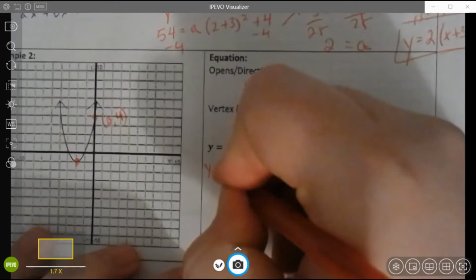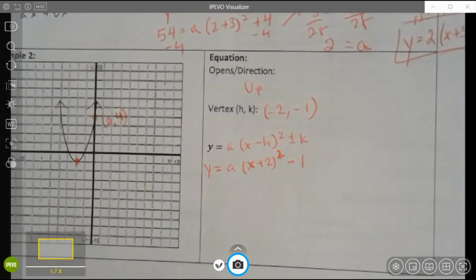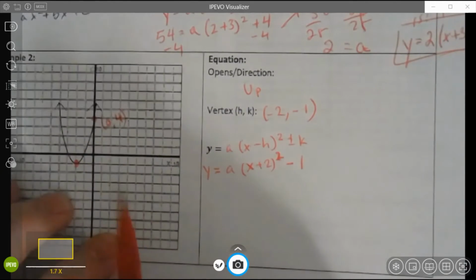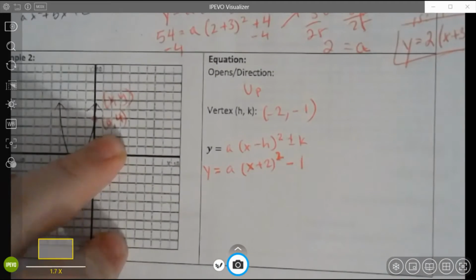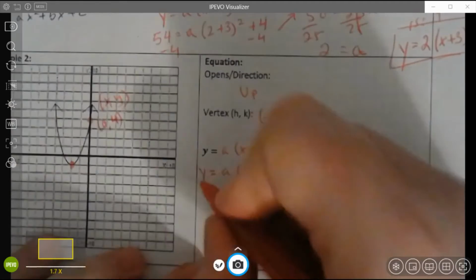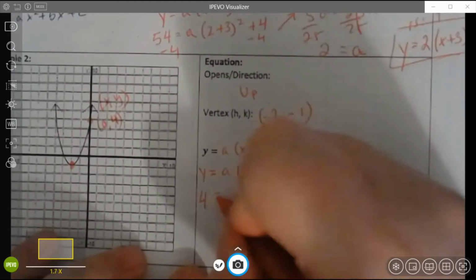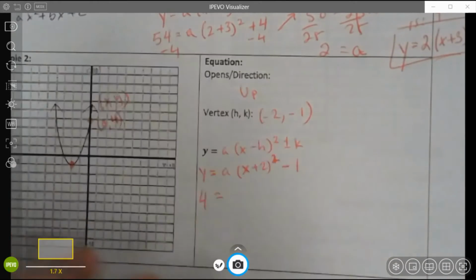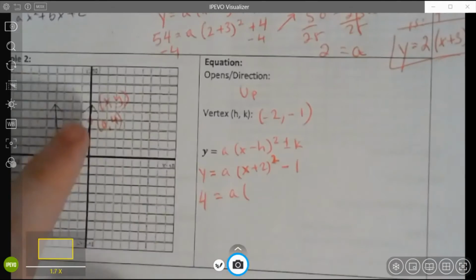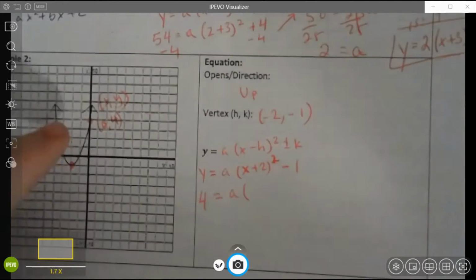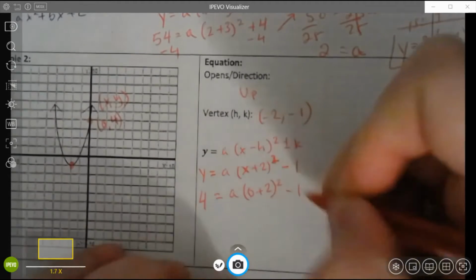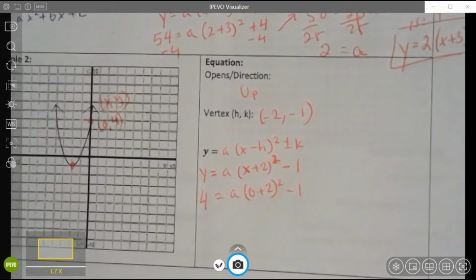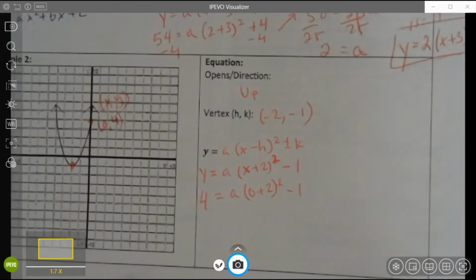And then next, we're going to plug in our value for y and our value for x. So this is point x comma y here, (0, 4). Our value for y is 4 equals, and then a we don't know. X, however, looks like x is 0. We have 4 equals a times (0 + 2) squared minus 1.